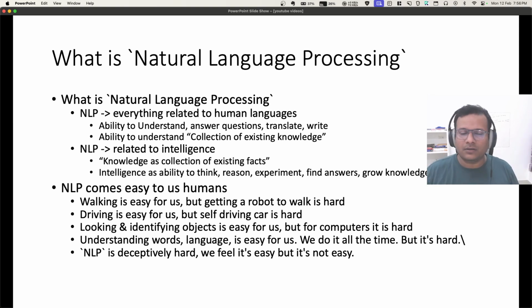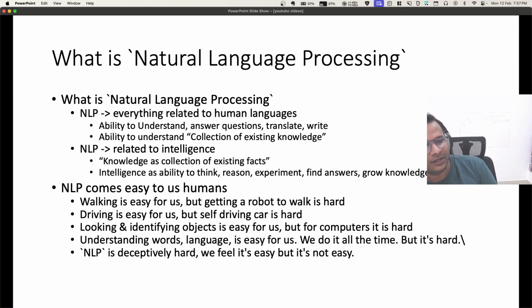So NLP is related to intelligence. For example, there are large language models built now which can understand how biochemicals come together to build proteins. So maybe we can build much better antibiotics now. Maybe we can build much better virus killers, whatever it may be. So the ability to extract patterns so that we can understand them, NLP helps us build that, because it is related to intelligence.